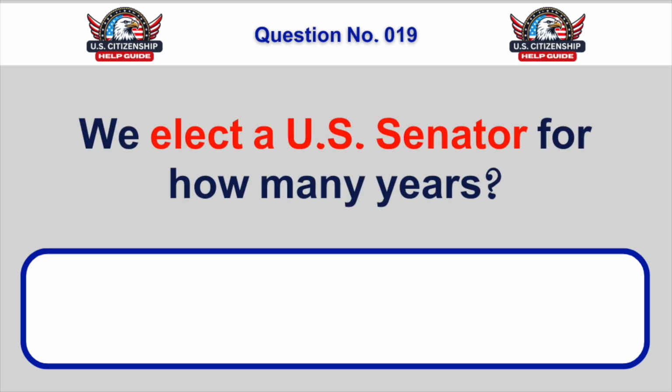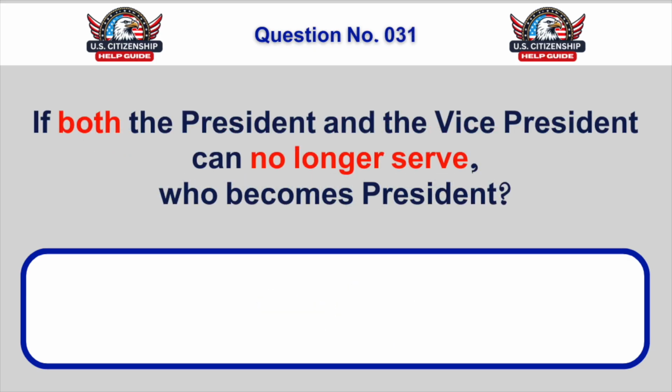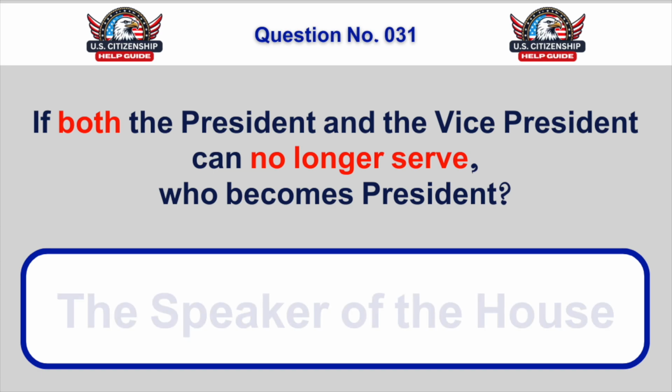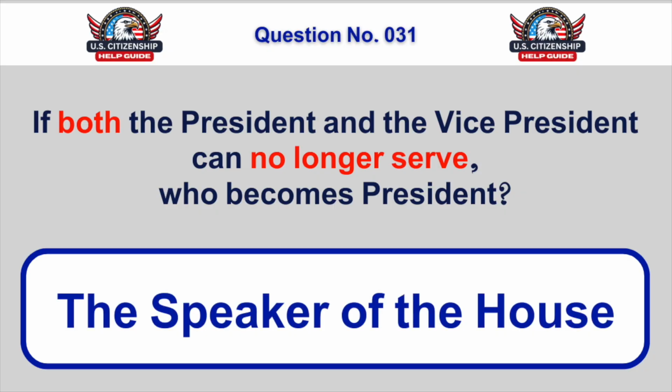We elect a U.S. Senator for how many years? 6. If both the President and the Vice President can no longer serve, who becomes President? The Speaker of the House.